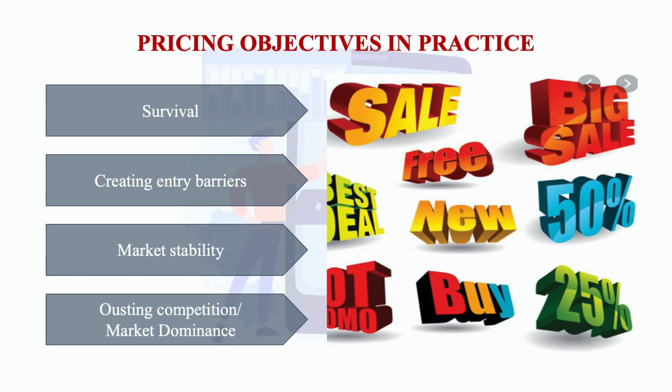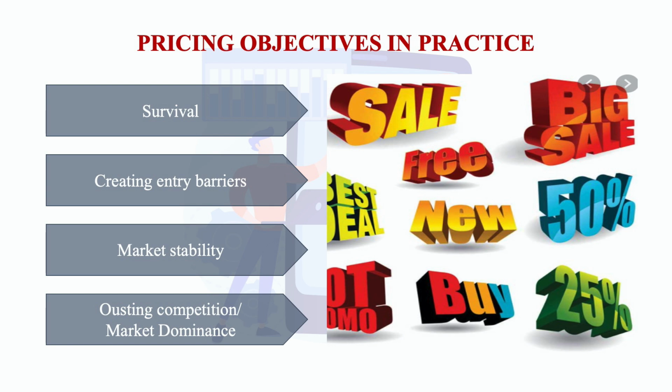Sometimes it is market dominance. You can see what is happening to India's telecom sector, and to India's internet access sector, the internet service provider sector. There are a few players which are so dominant that they price their product to oust competition.